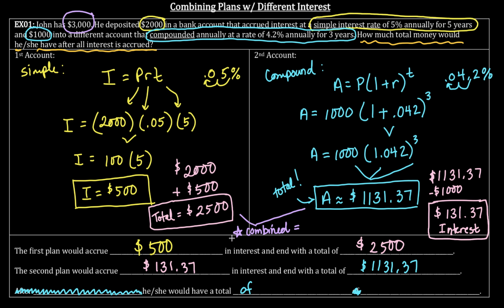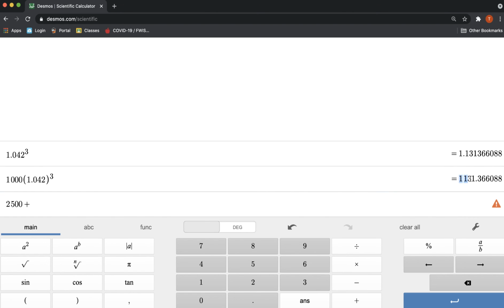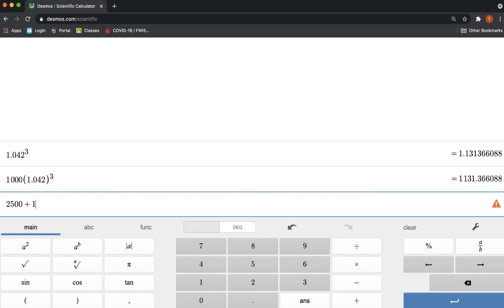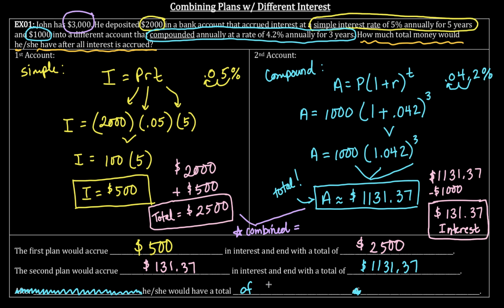So 2,500 plus 1131.37. That's how much both accounts will have combined.